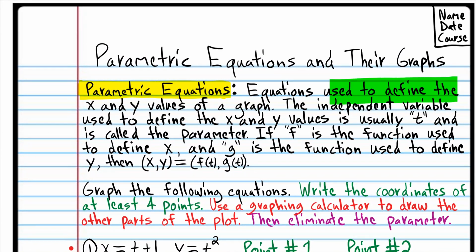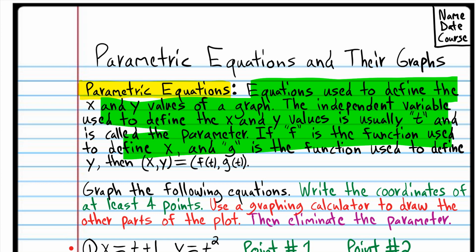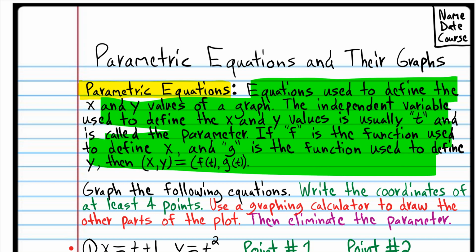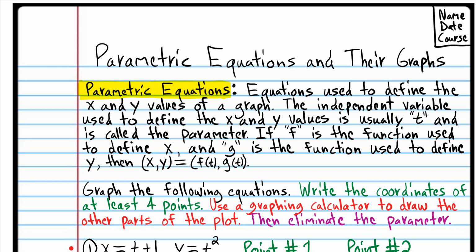Here's a formal explanation of parametric equations, but it's easier to just do an example problem. Parametric equations are used when the x and y values of a graph are dependent on a third variable, which we call the parameter.